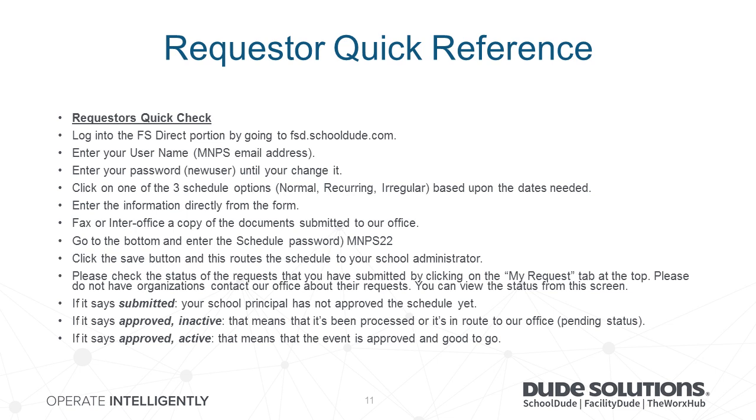If you want the outside entity to enter it, then you wouldn't have that line in there. I tell them to fax or interoffice me the documents that the group has submitted, and also make sure that they know you have the schedule password. You can attach that to your schedule for entry. And then just make sure that they click save, and I let them know that this routes the schedule to the school principal.